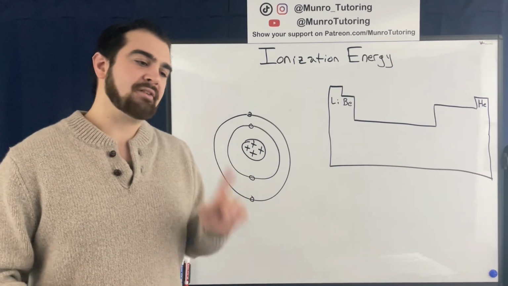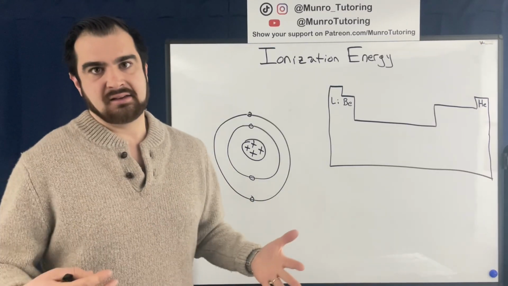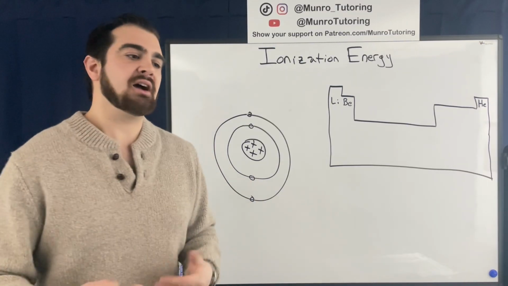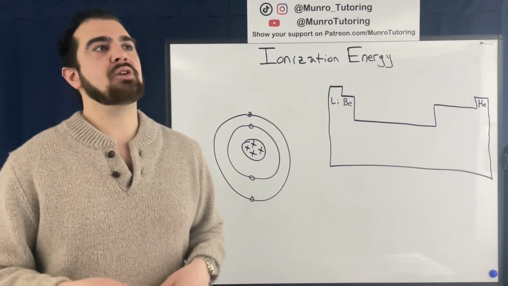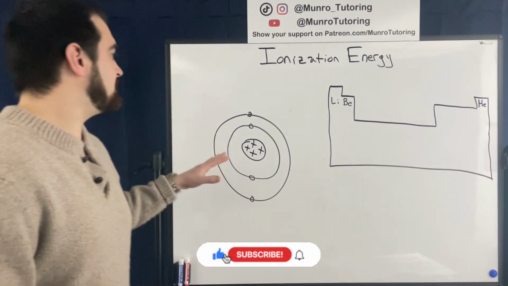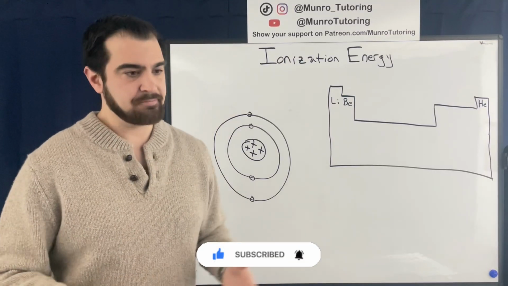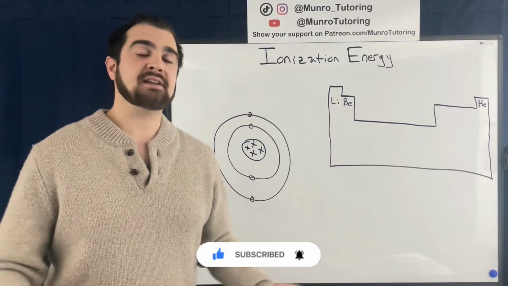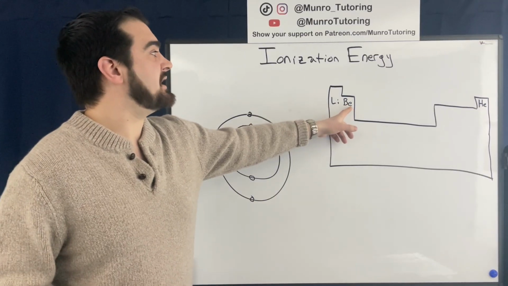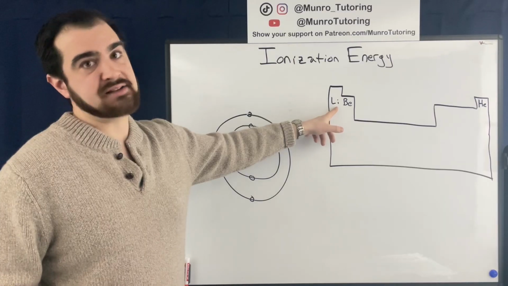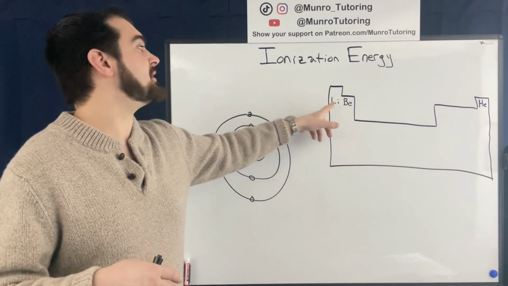But there is something very interesting that happens, which is a spike in the magnitude of the increase in ionization energies. And so if we take an example like beryllium, it's got 4 protons and 4 electrons when it's neutral. So its first ionization energy is going to be a certain value. And now we have a beryllium plus ion that has the same electron configuration as lithium. Then we remove another electron.